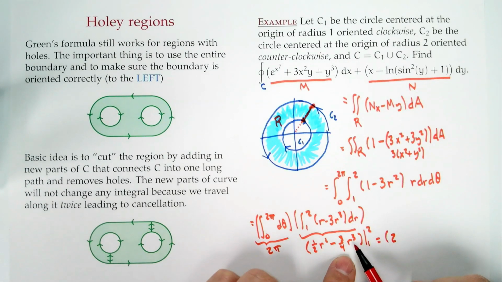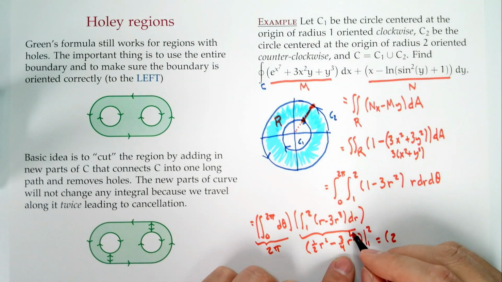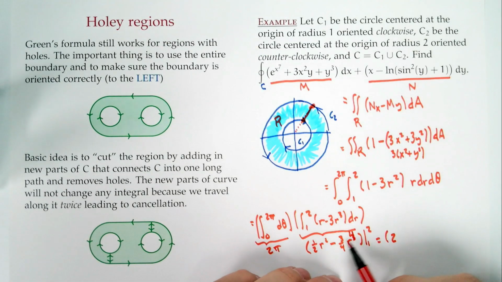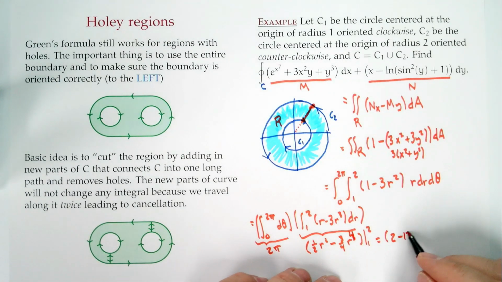Well, 2 to the fourth, 16, times 3/4, 12. There we go. 2 minus 12.